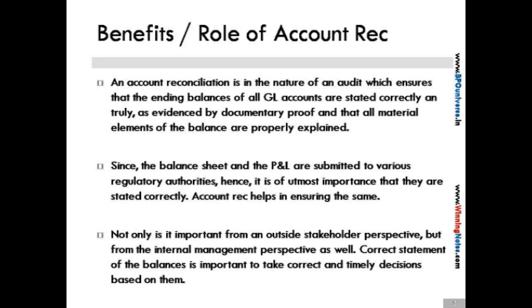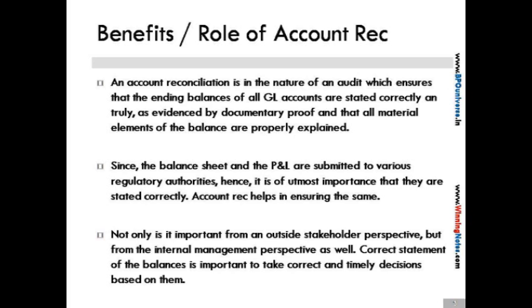The third important benefit of an account rec is that it helps not just external stakeholders like the government or statutory bodies get a fair view of the financial statements, but it also helps internal management arrive at correct decisions. A correct balance helps the management know the real position.